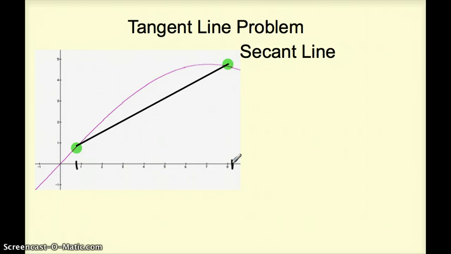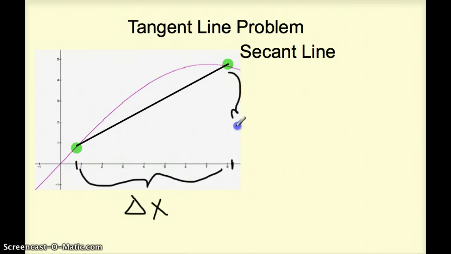Well, like we said before, in order to look at a slope, I need the 2 y's and the 2 x's. So what you'll notice is this entire section is a change in x, so I can write this as change in x, and this entire section right here is your change in y. That's how we may write it.